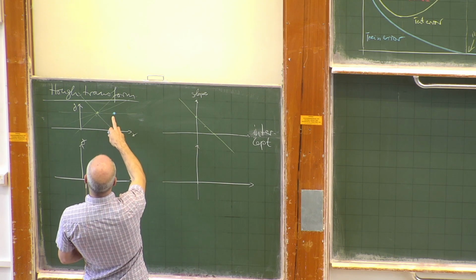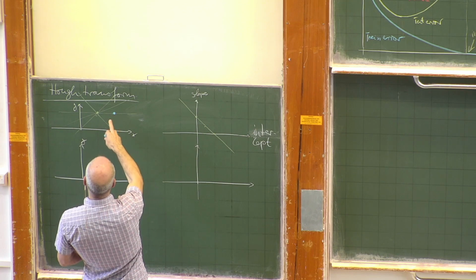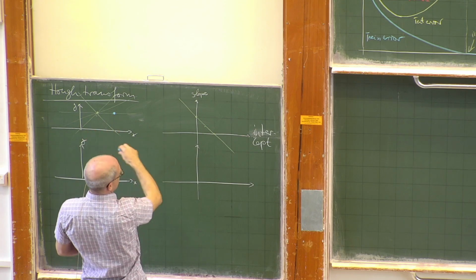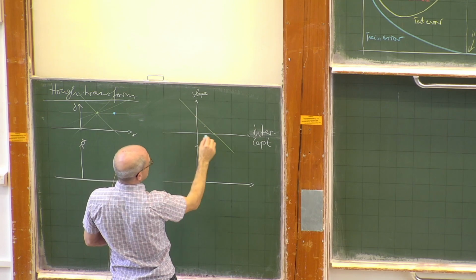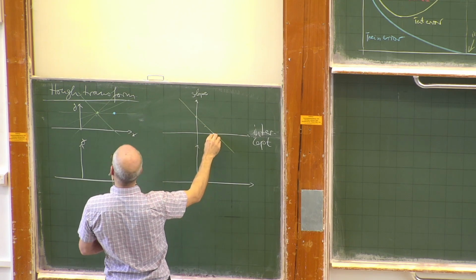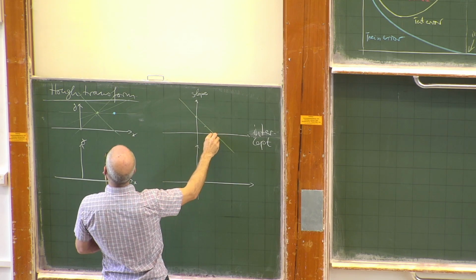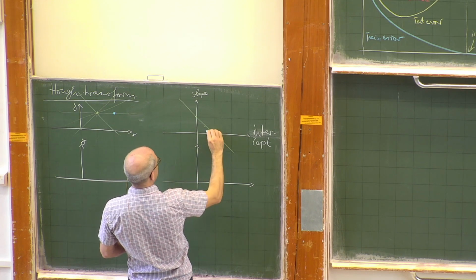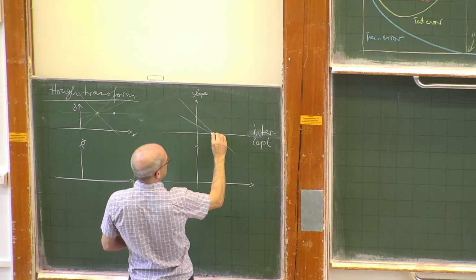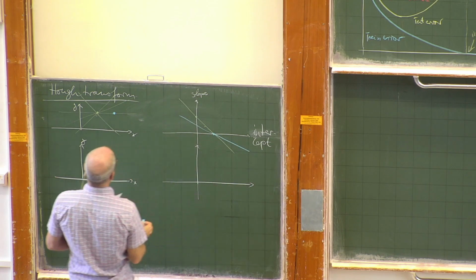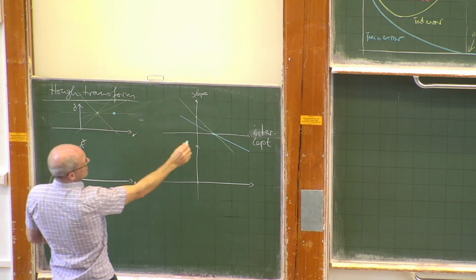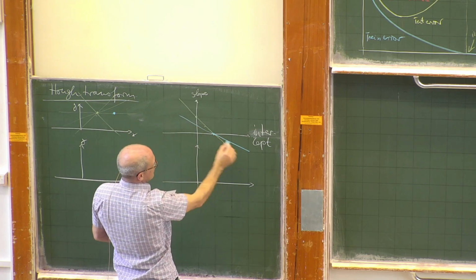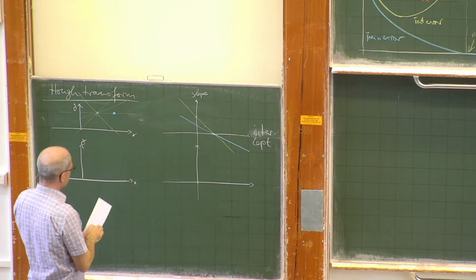So for example, this would be slope of 0 and intercept of 1, or intercept of 0 and slope of 1/2. So my blue observation would create this line here.